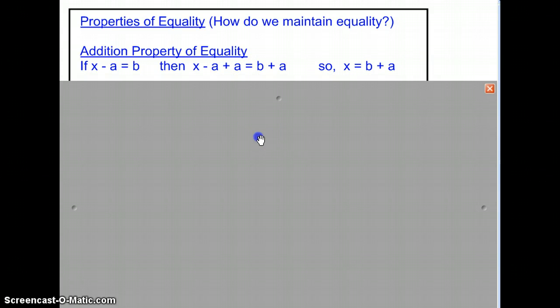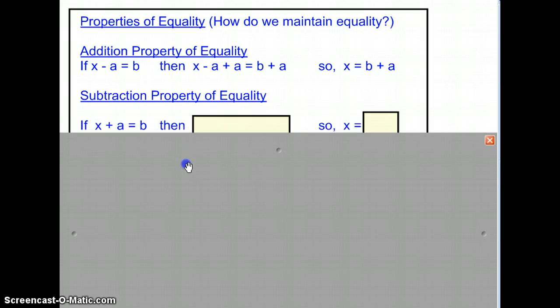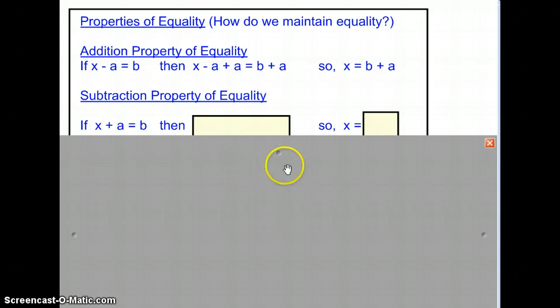All right? So if we're going to show the subtraction property of equality, what operation will we see in the original equation? If we're using subtraction to isolate a variable, what are we going to see in the original? Addition. Okay? So if x plus a equals b, now I've covered the entire next step. How can we use a subtraction property to isolate x?